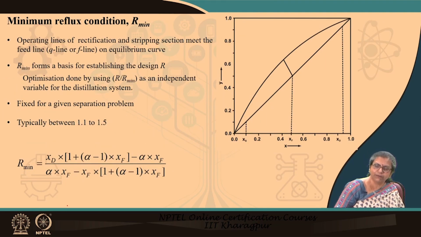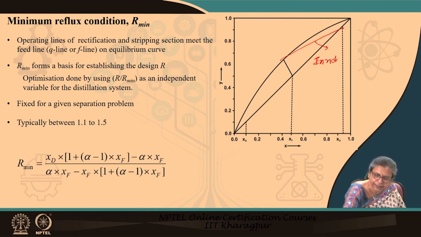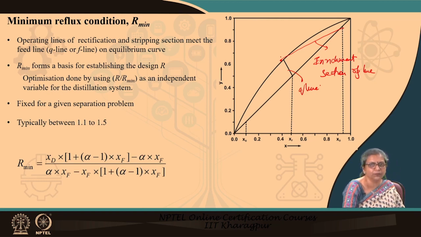The other thing is the minimum reflux. What happens under the minimum reflux? For the minimum reflux condition, quite naturally, with the minimum amount of reflux, for any particular feed condition, the minimum reflux will be achieved when the enrichment section operating line and the q line both intersect at the equilibrium curve.